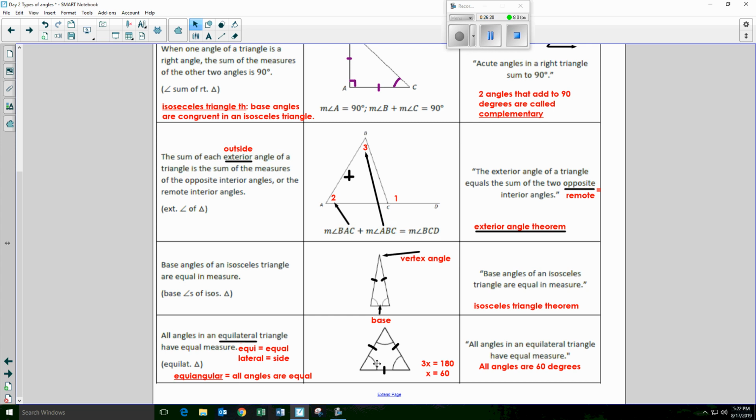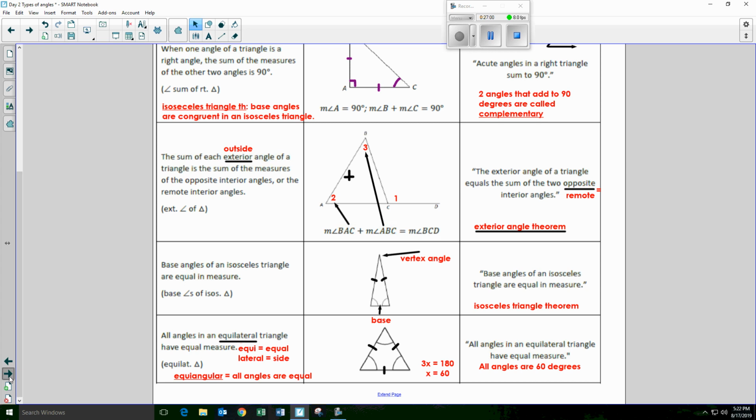Since we know all triangles add up to 180 degrees, we can figure out what each angle is. So we have x plus x plus x, or 3x, equals 180. Divide by 3 on both sides, and x is 60 degrees. So every angle in an equilateral triangle is 60 degrees. All the angles in an equilateral have equal measure. They could have said all angles in an equilateral triangle are 60 degrees. It's always going to be 60 degrees.